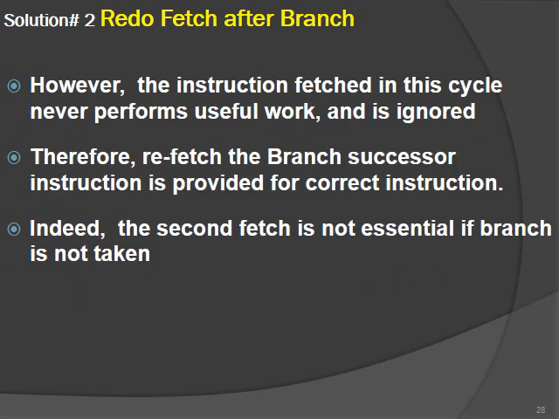So there will be two instruction fetch stages for this instruction, but the problem is that if the branch is not taken, the second fetch will not be essential for dealing with the branch hazard.